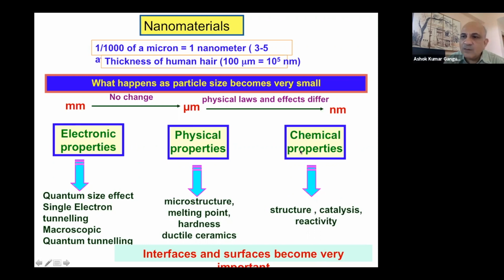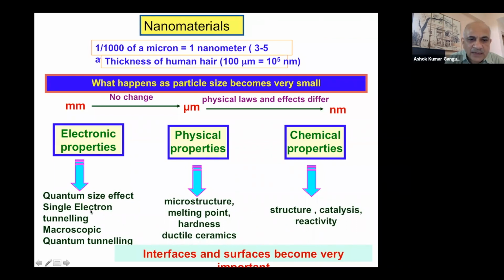So you have the same gold, but different size, its property will be different than your normal gold. If you have silica particle, normal silica, SiO2, will be very different from nanometer size silica. So electronic properties will change.